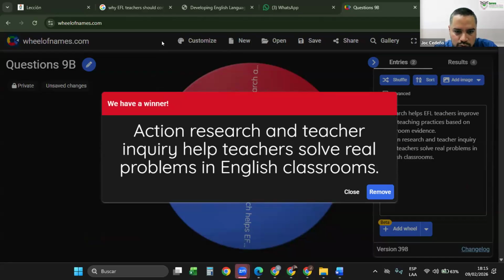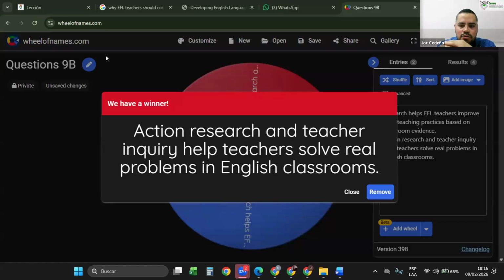Okay, we have true, true, true. Caroline, why is this true? I suppose it's true because it provides real evidence for improving teaching strategies and students' learning outcomes.